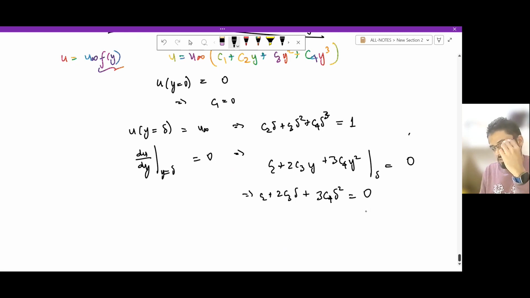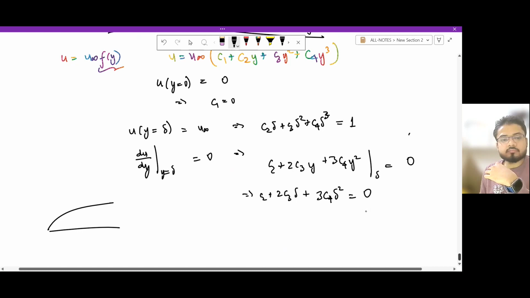One interesting thing is that outside the boundary layer, if this is delta, and for y greater than delta, let's say this is tau 1, this is tau 2. Tau 2 equals tau 1 equals 0.